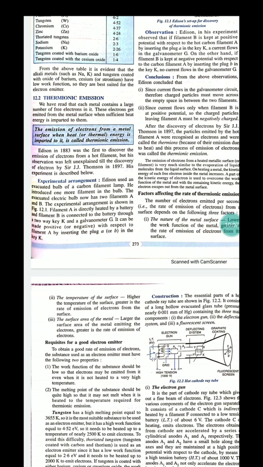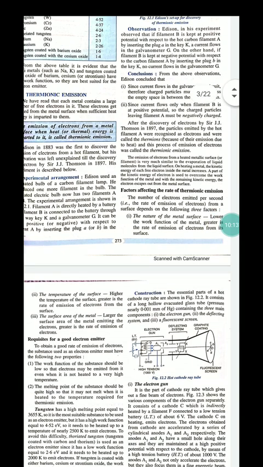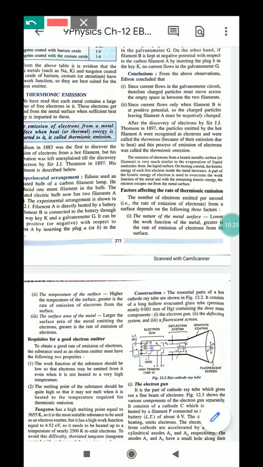Now, what are the factors affecting the rate of thermionic emission? The number of electrons emitted by a hot metal surface per second is called the rate of emission. So, what would be the formula?